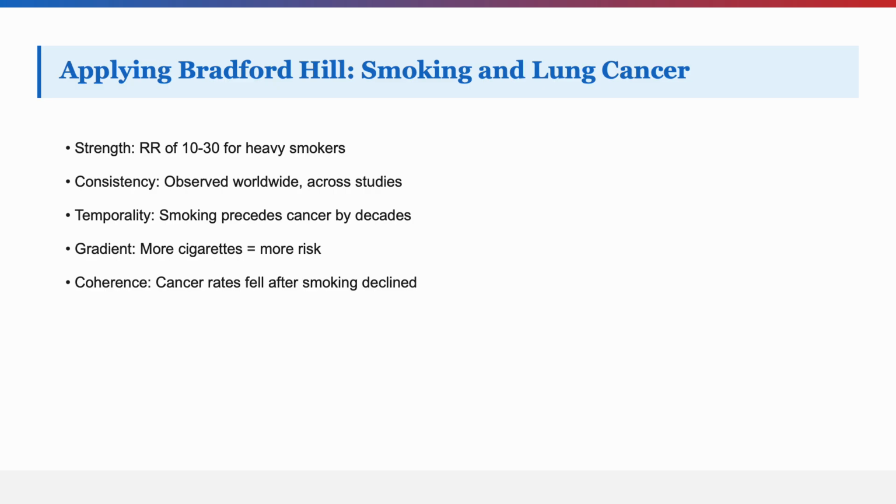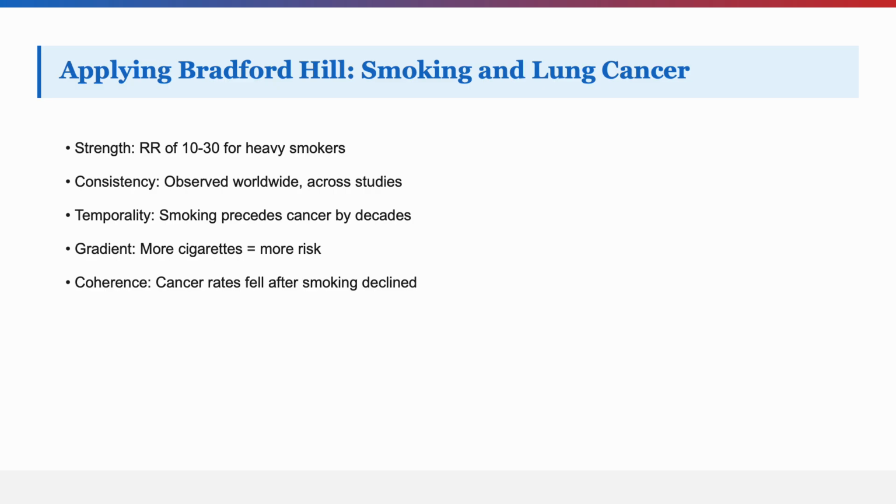Gradient. Clear dose response, more cigarettes per day, longer duration, higher risk. Quitting reduces risk over time. Coherence. When smoking rates began declining in men in the 1960s, lung cancer rates followed about 20 years later. The population-level data fits the causal model. Plausibility.